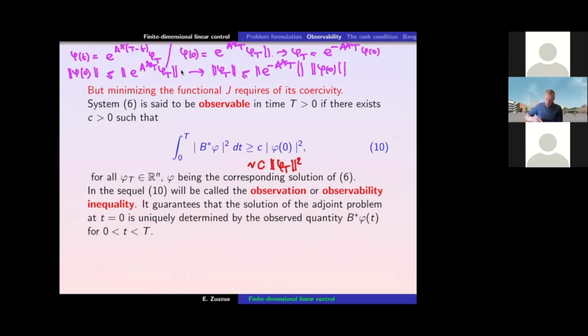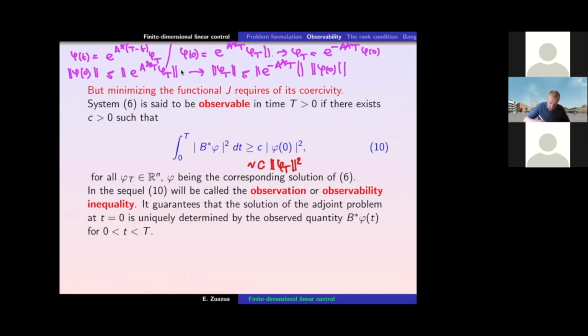Of course, when you write down the inequality on the observation of phi 0 or on the observation of phi T, you don't get the same constant, small c or large C, because the constant will change as you have to multiply by one factor or the other.